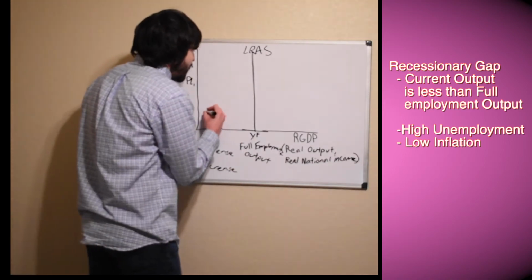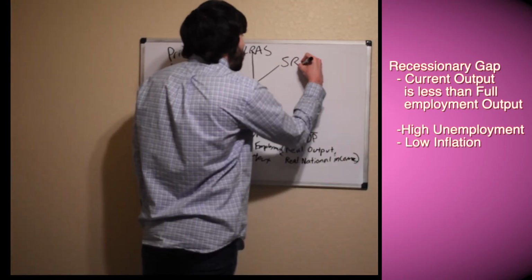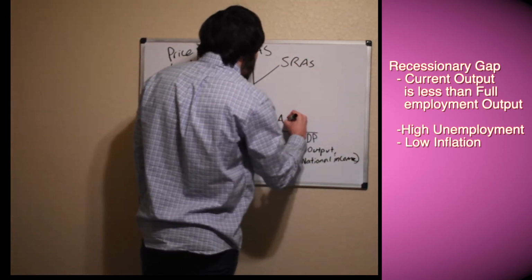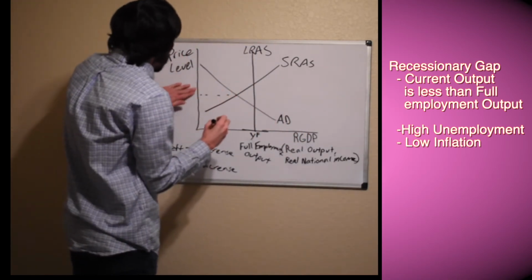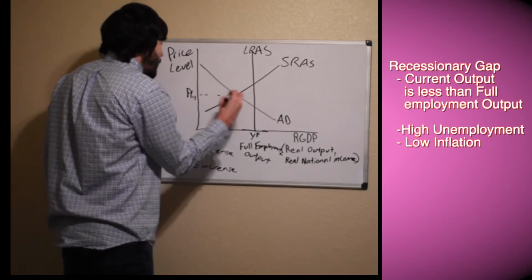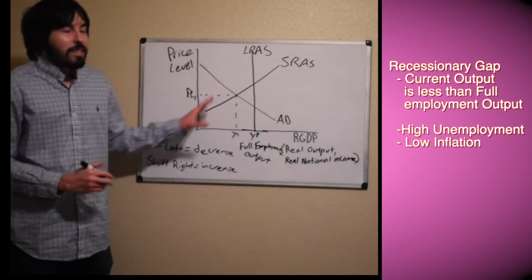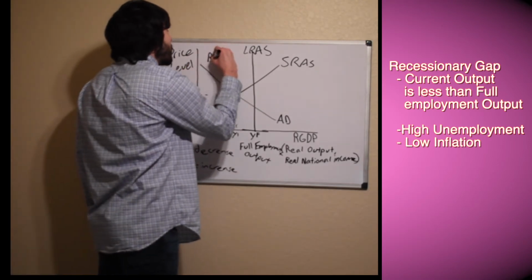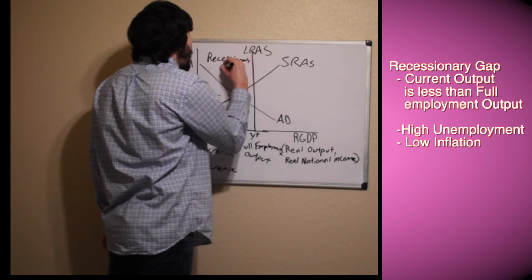If you're in a recession, your short run equilibrium, your X right here, is going to be to the left of the long run aggregate supply curve. This is what we would call a recessionary gap.